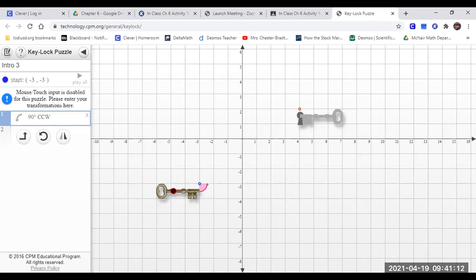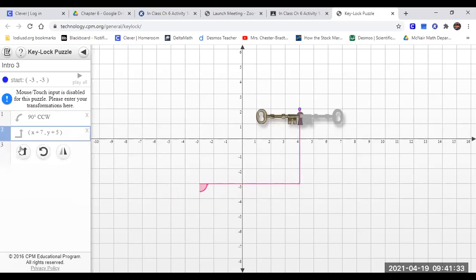Okay, so we already decided that we're sliding 7 to the right because we talked about it to get the flip location, right? And what else do we need to do? 7 to the right, and because we always have a left and right and an up and down, up 5. Okay, let's do it. Now that we got them lined up, we can do our flip.